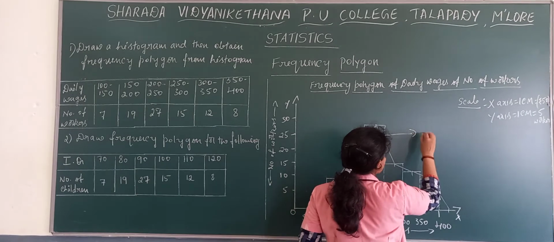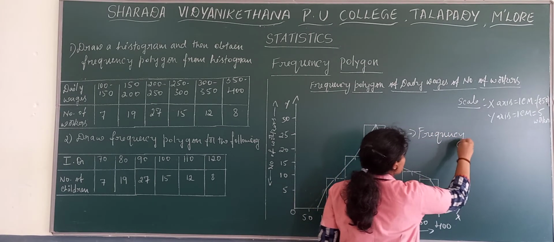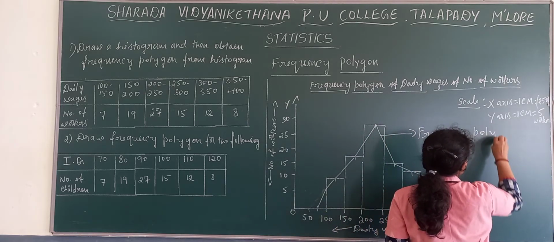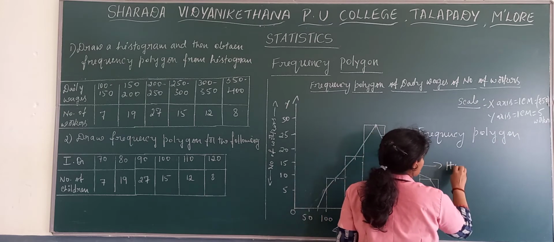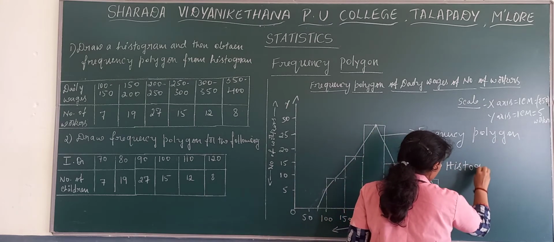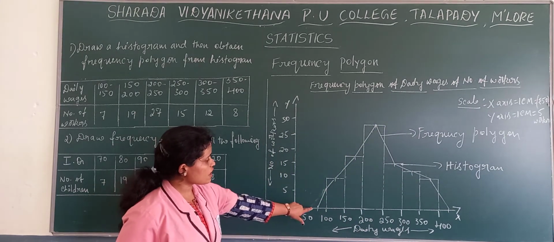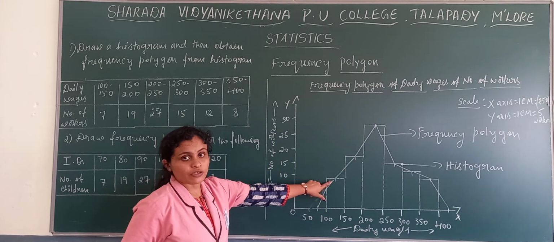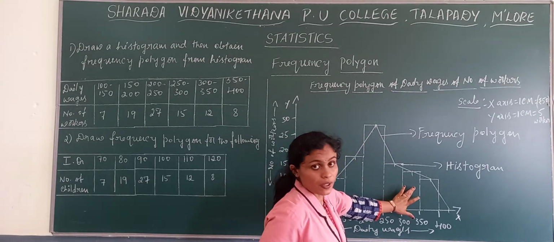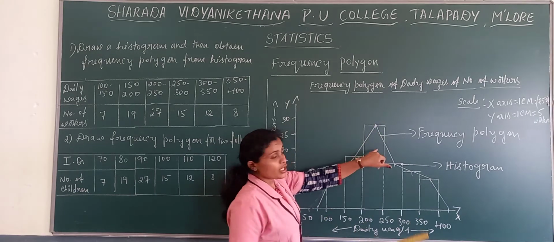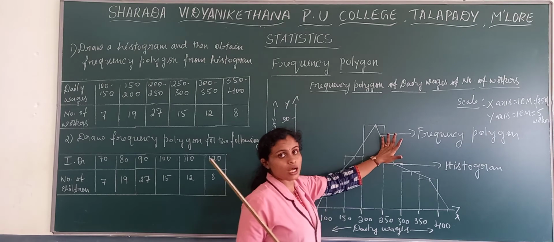This is what we call the frequency polygon, and this is the histogram. The frequency polygon is nothing but the result of joining the midpoints of the histogram. But while drawing it, it is not a freehand curve; you have to use your scale.